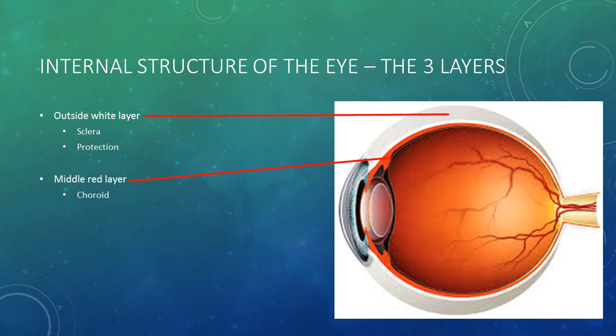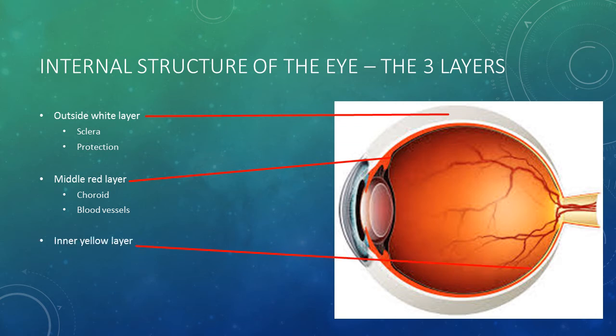It's red because of what it provides, which is blood. It's filled with blood vessels. It keeps everything in the eye alive. Blood, as you know, is the provider of nutrients, so oxygen, sugars, and it takes away the waste products. So it pretty much keeps the eye provided and healthy.